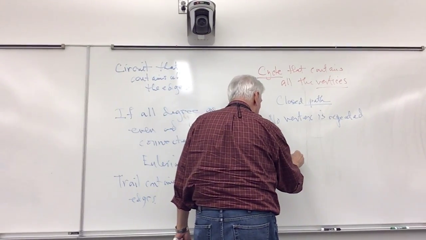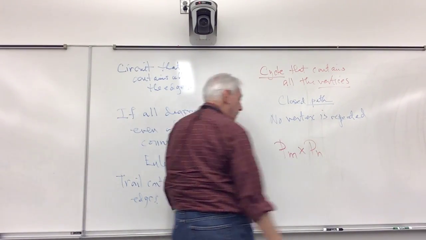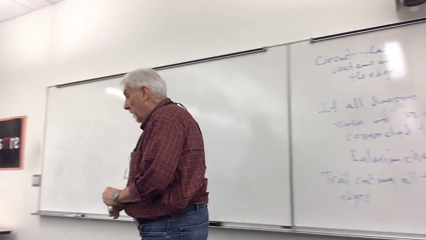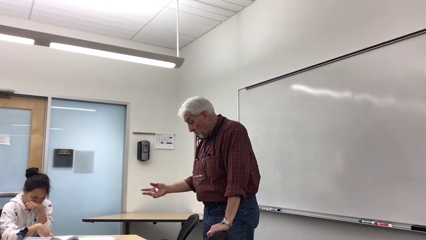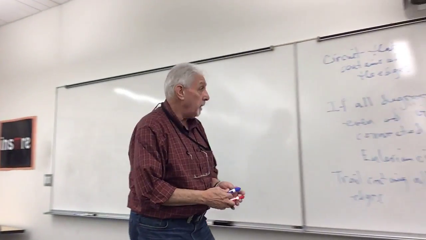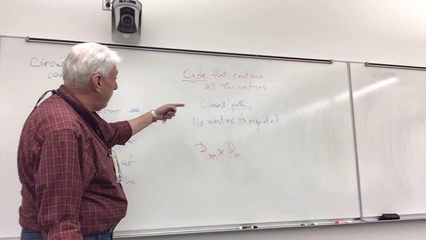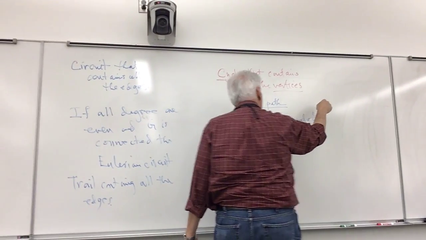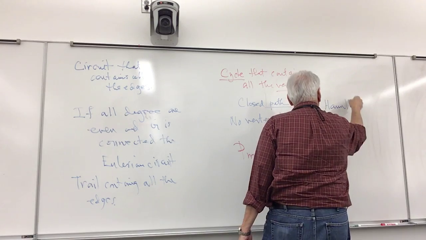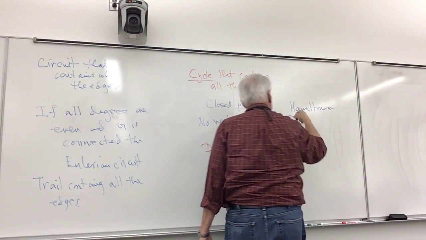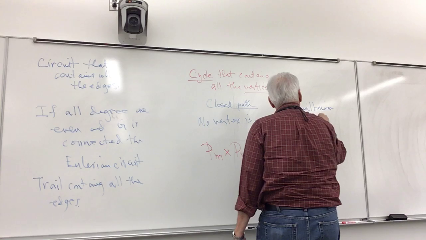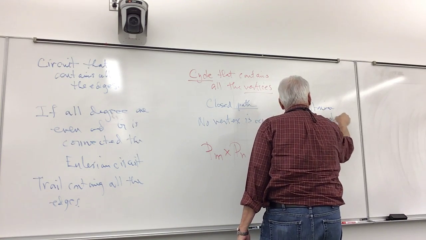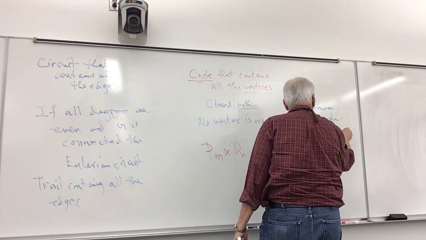The question is, which of these graphs contain a cycle that contains all the vertices? Such a closed path with no vertex repeated that contains all the vertices is called a Hamiltonian graph, after a mathematician, actually a physicist in the 1850s. The cycle itself is called a Hamiltonian cycle.